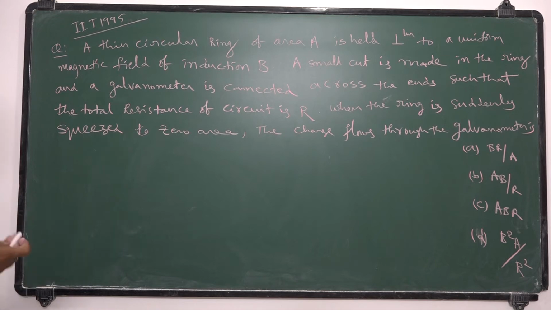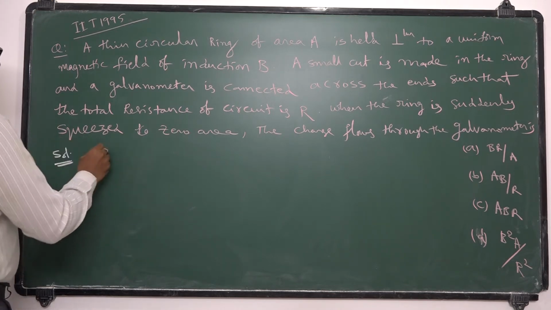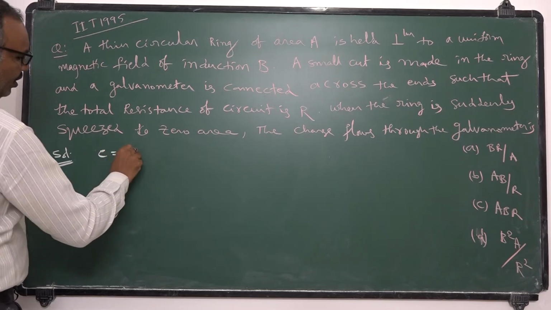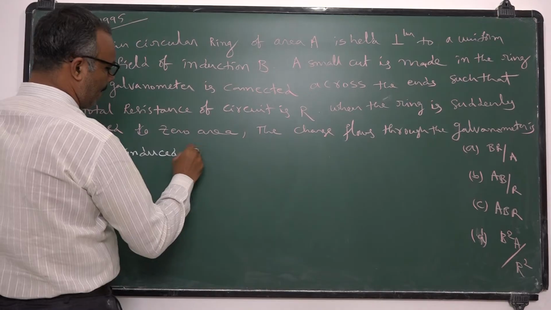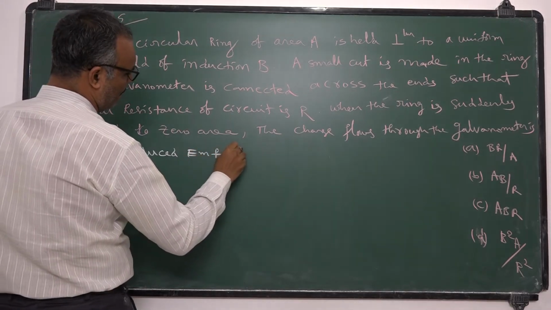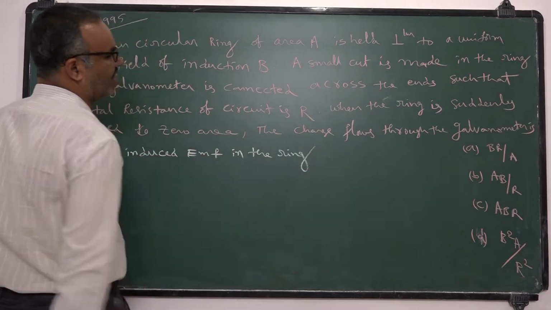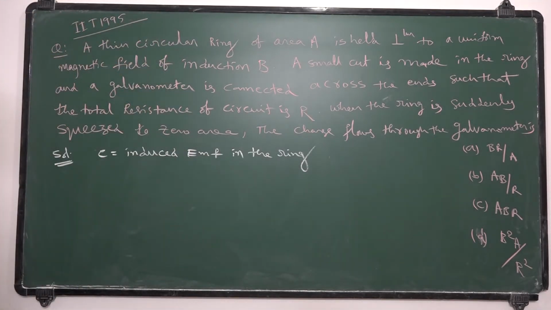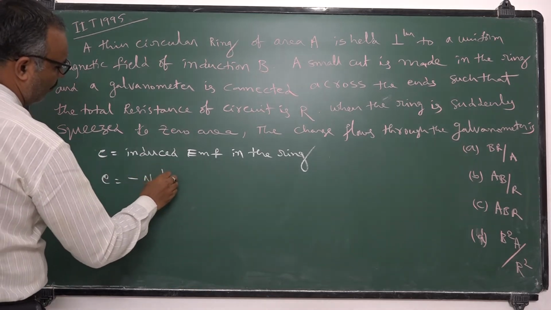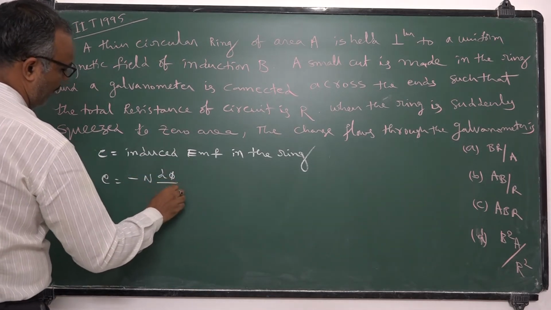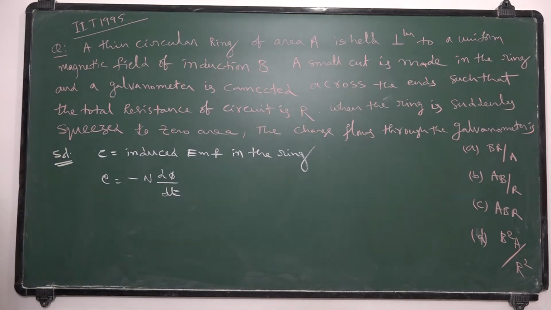Solution. Suppose E is the induced EMF in the ring. Induced EMF is given by minus N into d phi by dt, the general formula.